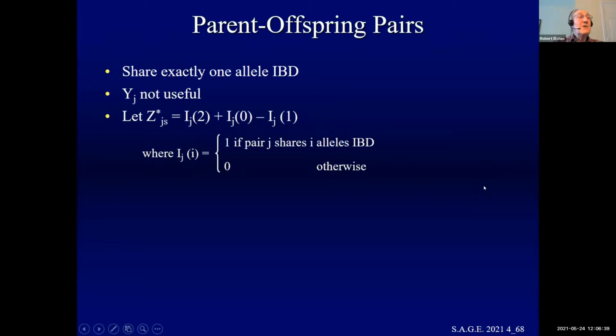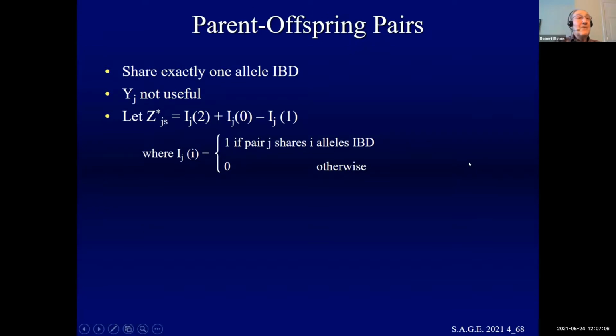So what we look at, we have this, this is one if pair IJ shares one allele identical, well, this one is 2 here, probably they share 2, minus the probability they share 1. 2 plus 0 minus 1.